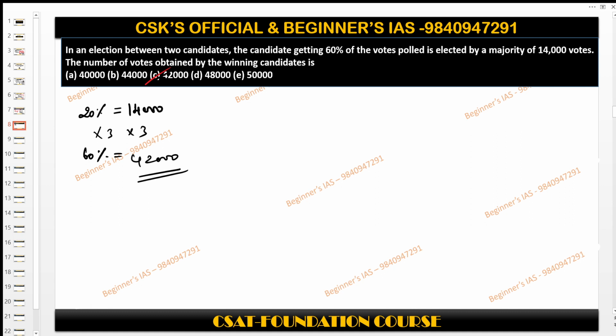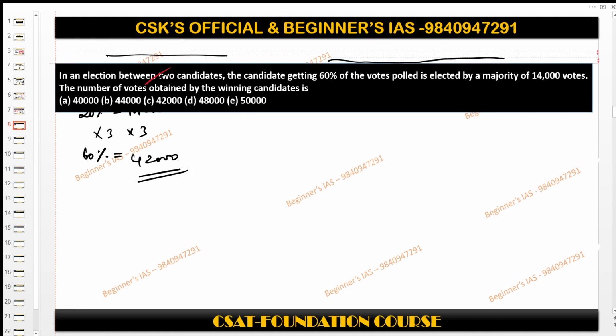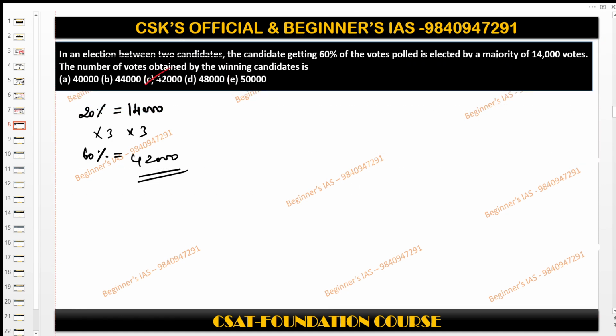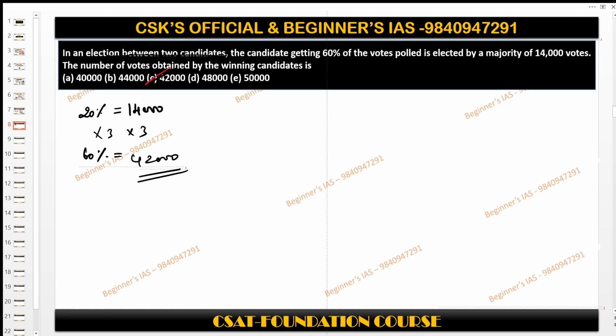Read carefully. What do you mean by majority? Getting 1400 more than the second one, which means the loser, isn't it?